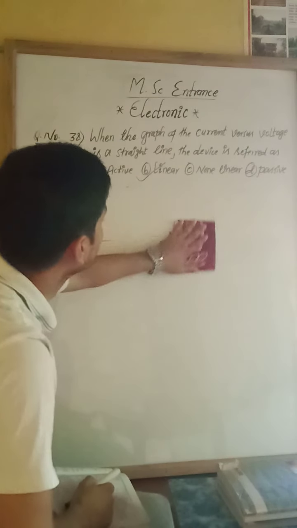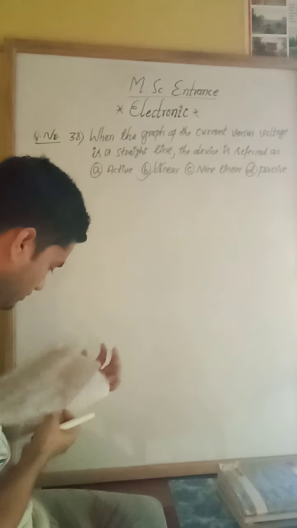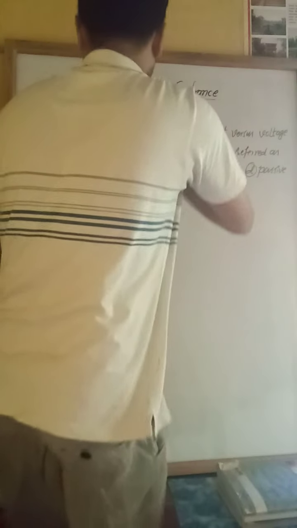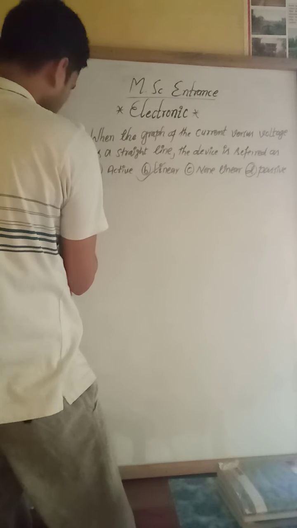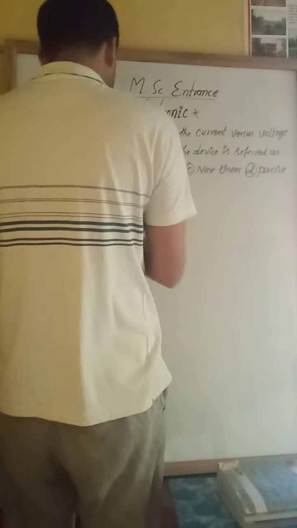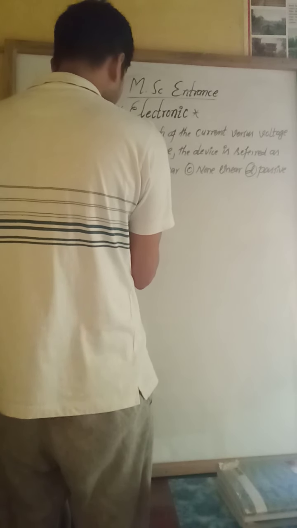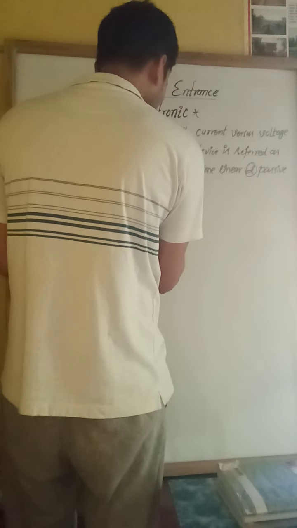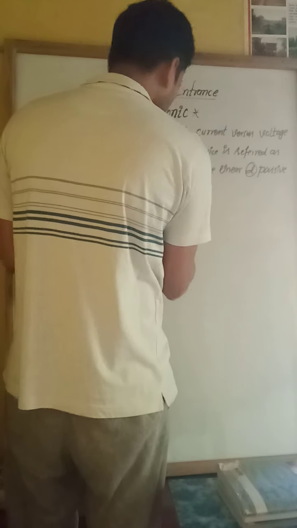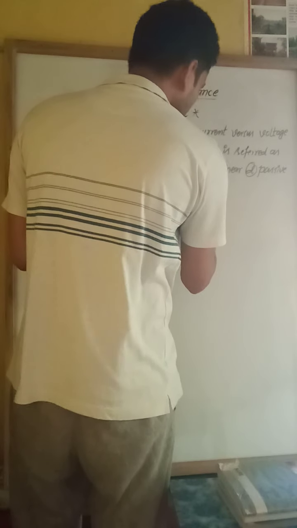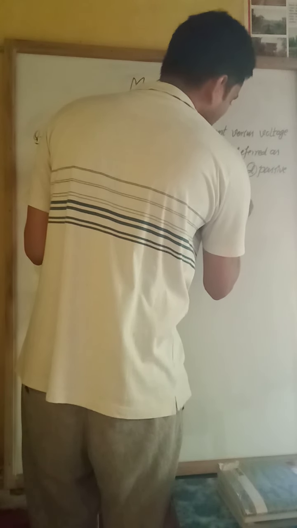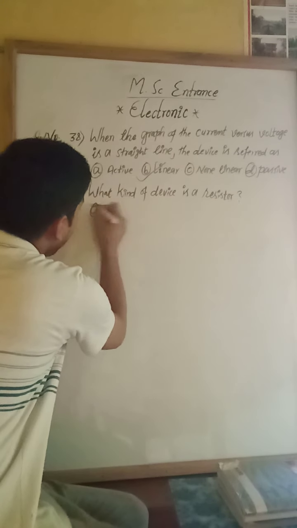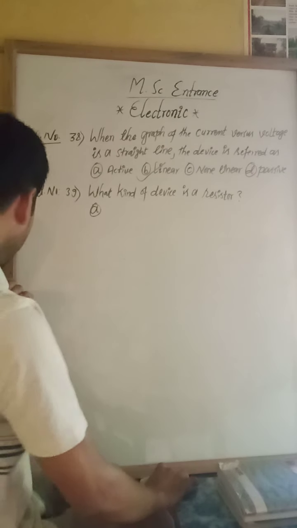Now I'm going to write the next question. Question number 39: What kind of device is a resistor? Option A, unilateral.